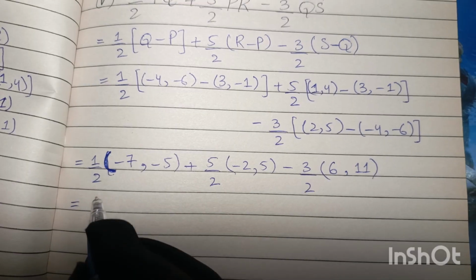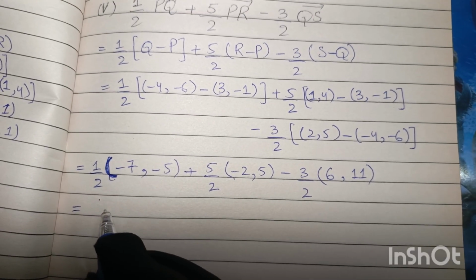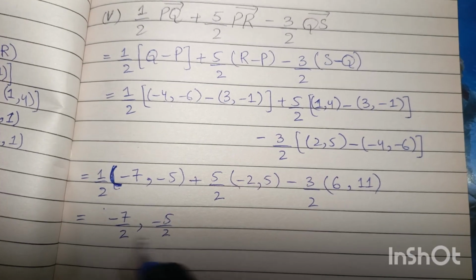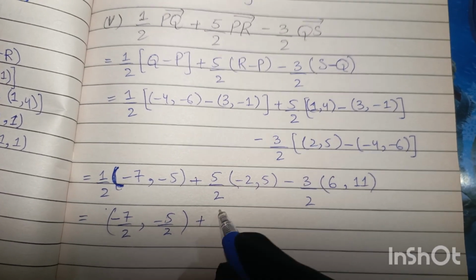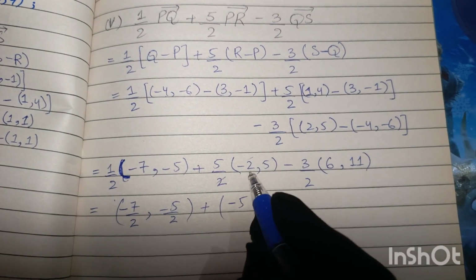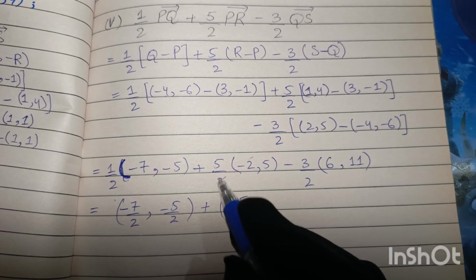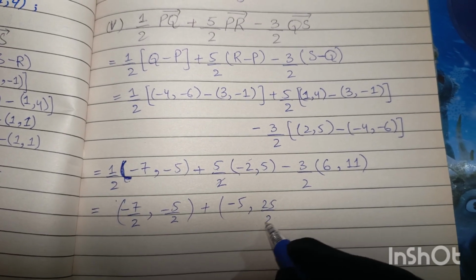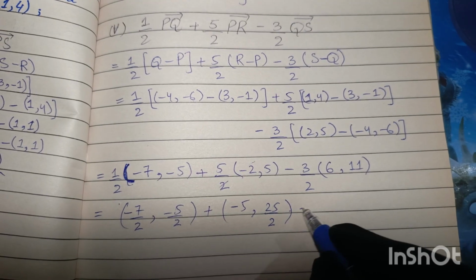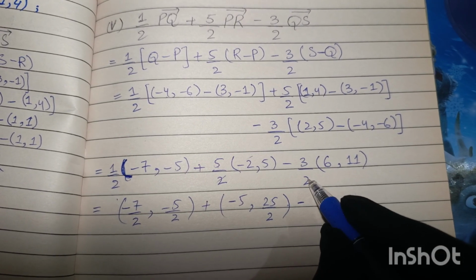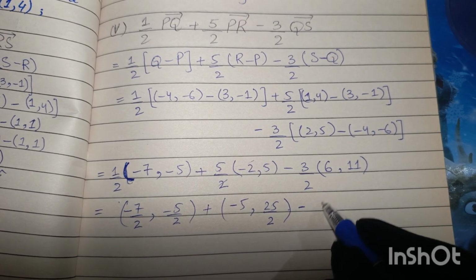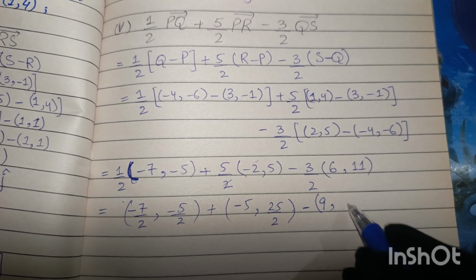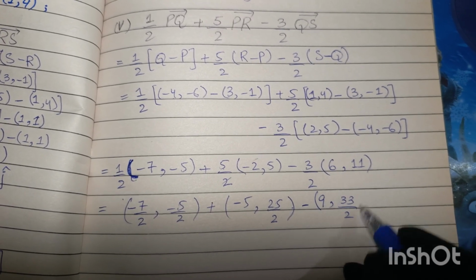Then we multiply 1 by 2 inside, so -7 by 2, -5 by 2, -5, the 2 and 2 will be cancelled out, and again 5 fives are 25 by 2, -2 threes are -6, so 3 threes are 9, and next 33 by 2.